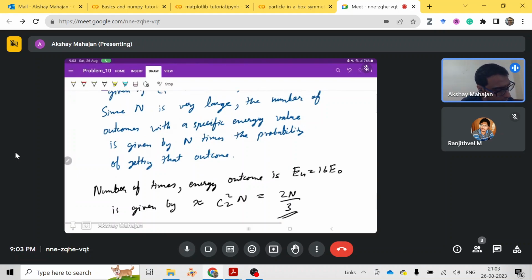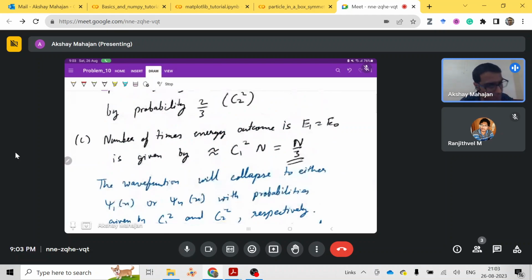So based on this probability, if we do a very large number of measurements, n measurements, then n by 3 times we are going to observe energy E naught. And the catch is that after each measurement we are going back to the initial state.